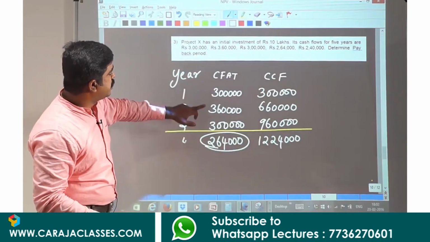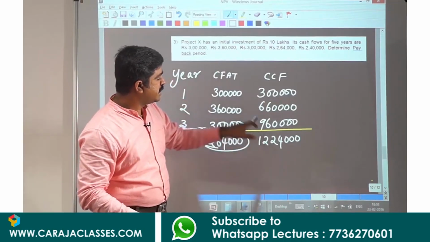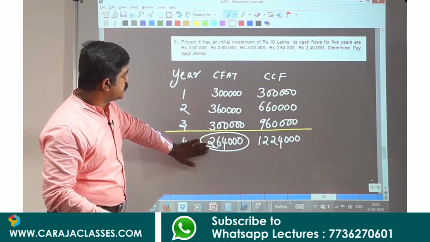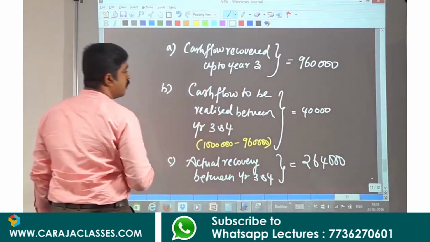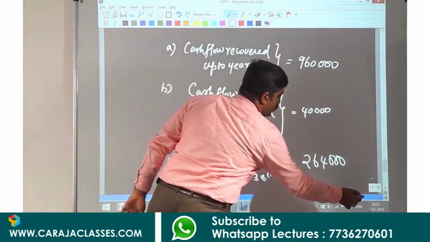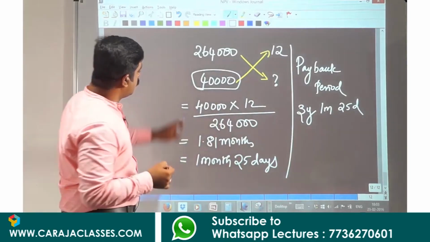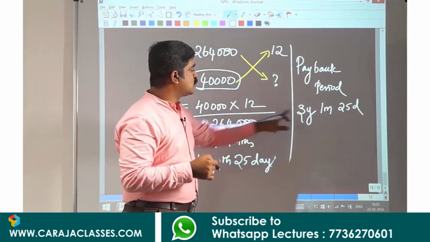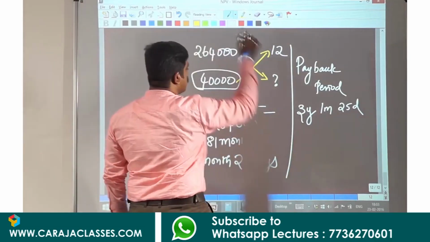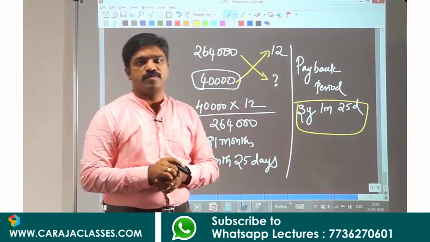Year 1 3 lakh, year 2 3,60,000, year 3 3 lakh. When we added them, it was 9,60,000. Year 4 it was 2,64,000, and that 2,64,000 was recovered over a period of 12 months. What we are concerned about is only this remaining 40,000. 40,000 can be recovered over a period of 1 month and 25 days. So the actual payback period is 3 years, 1 month and 25 days.